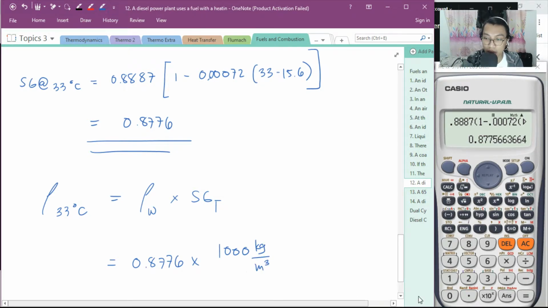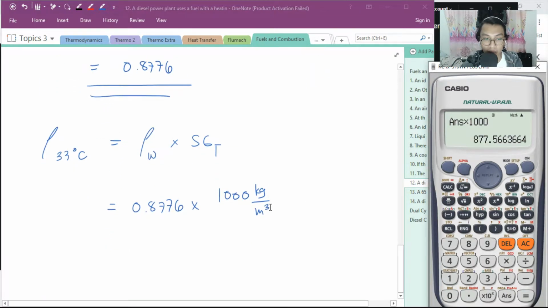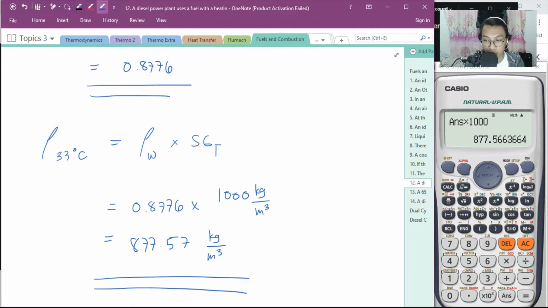So that is equal to 877.57 kilogram every cubic meter. Very basic lang yan. Problem number 12.